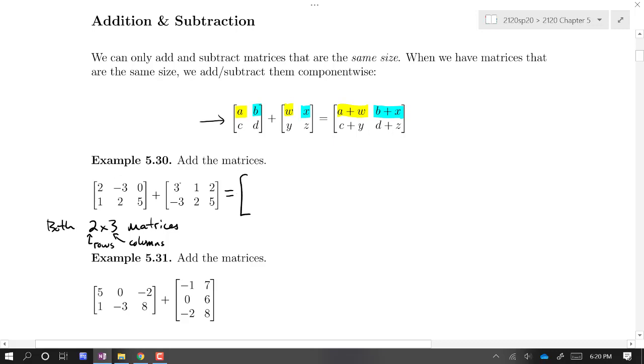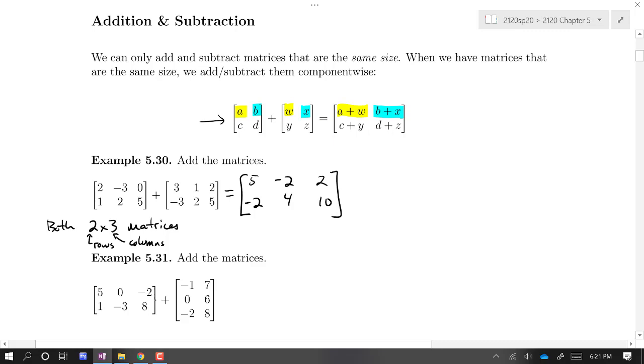Let's see, 2 plus 3, that's 5. I'm going to go just across the top row first. -3 plus 1 is -2. 0 plus 2 is 2. Now the second row, 1 plus a -3 is -2. 2 plus 2 is 4. 5 plus 5 is 10. And that is the sum of those two matrices.